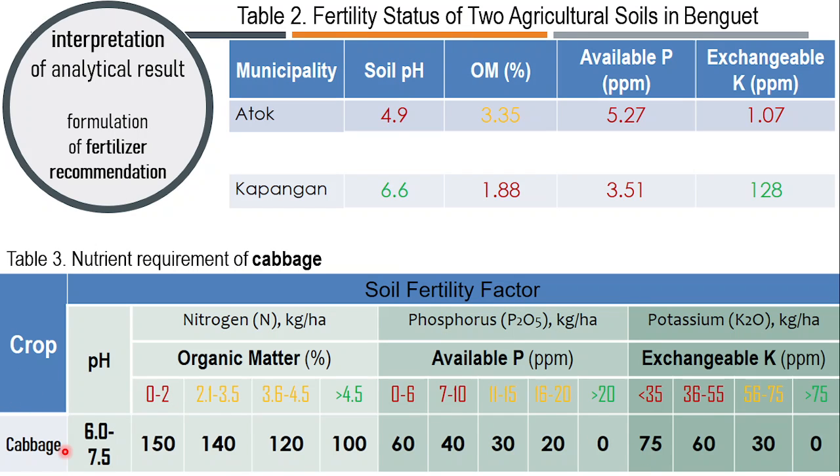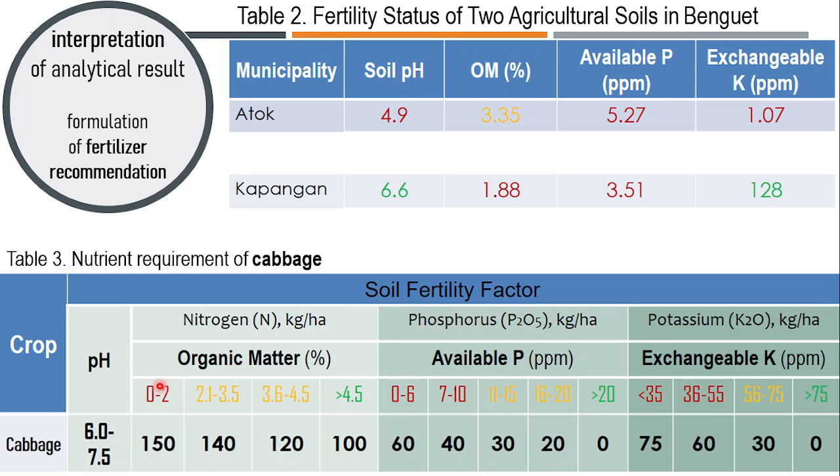We have here the crop, and according to this, the requirement of cabbage for pH is 6.0 to 7.5. And for organic matter, these are the ranges. When the organic matter level is 0.2, that is very low.